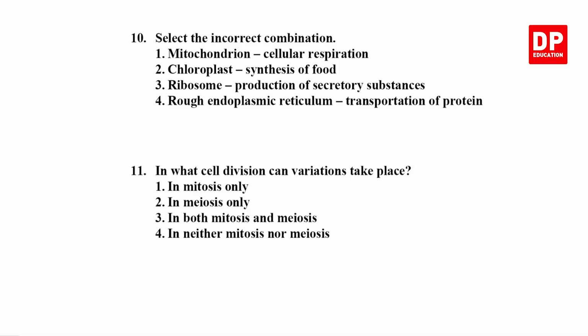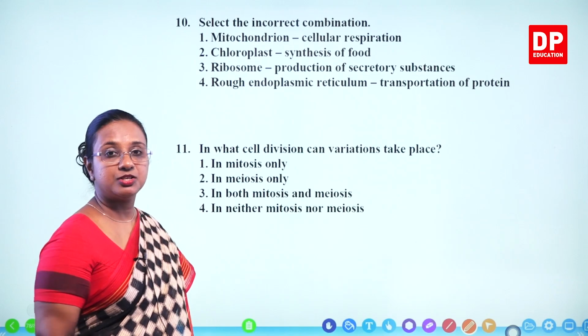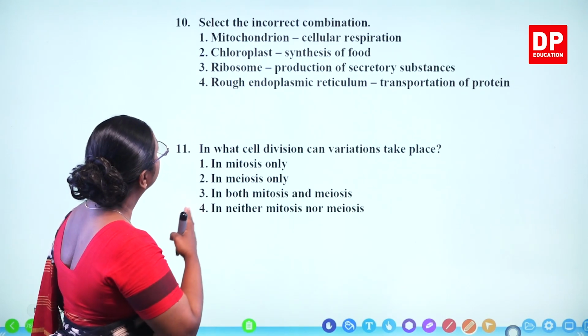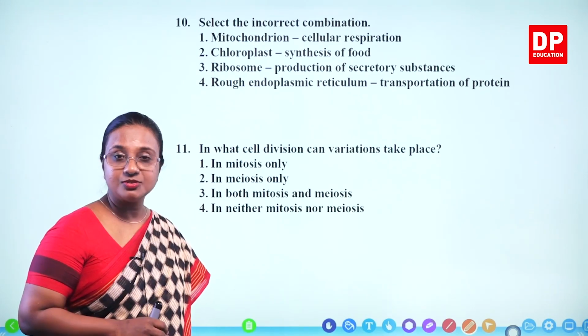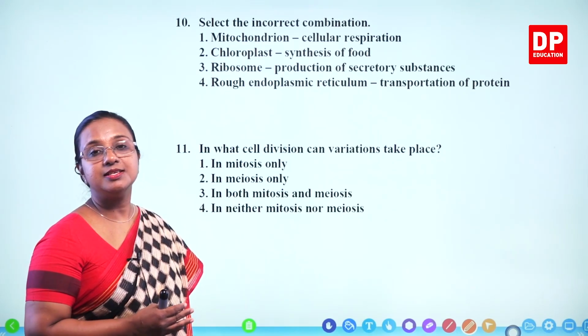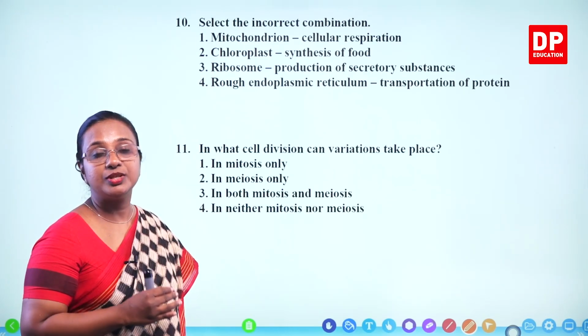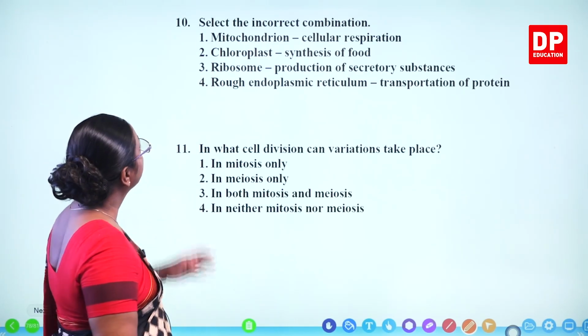Select the incorrect combination, the organelle and the function. Mitochondrial cellular respiration. That's correct. Chloroplast, synthesis of food. That is also correct. Why? Photosynthesis takes place in chloroplast and that leads to the production of food.